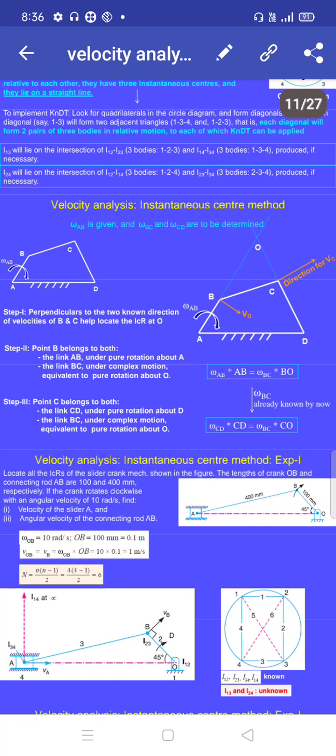Omega BC is already known by now. Omega CD into CD is equal to omega BC into CO. Step 3: the point C belongs to both link CD, in pure rotation about D, and link BC, under complex motion equivalent to pure rotation about O.